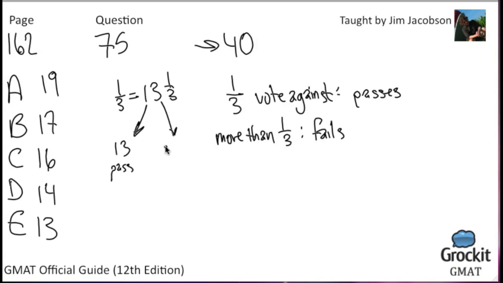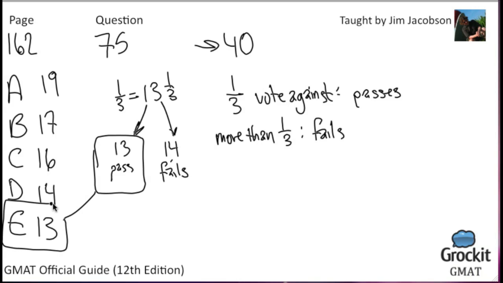If 14 people vote against something, which is more than the 1/3, then it fails. So the largest number of whole people, because only whole people can vote, the largest number of whole people who can vote against something and still have it pass is 13. Choice E.